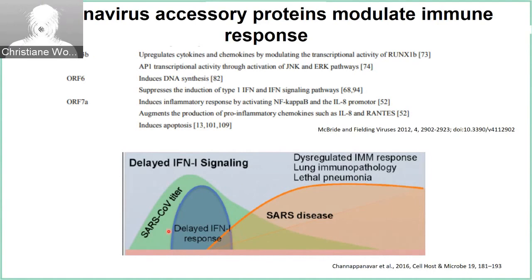If the type 1 interferon response happened earlier or was reduced in magnitude, they also saw less disease. And so that brings me to the end of this brief excursion into the coronavirus life cycle.